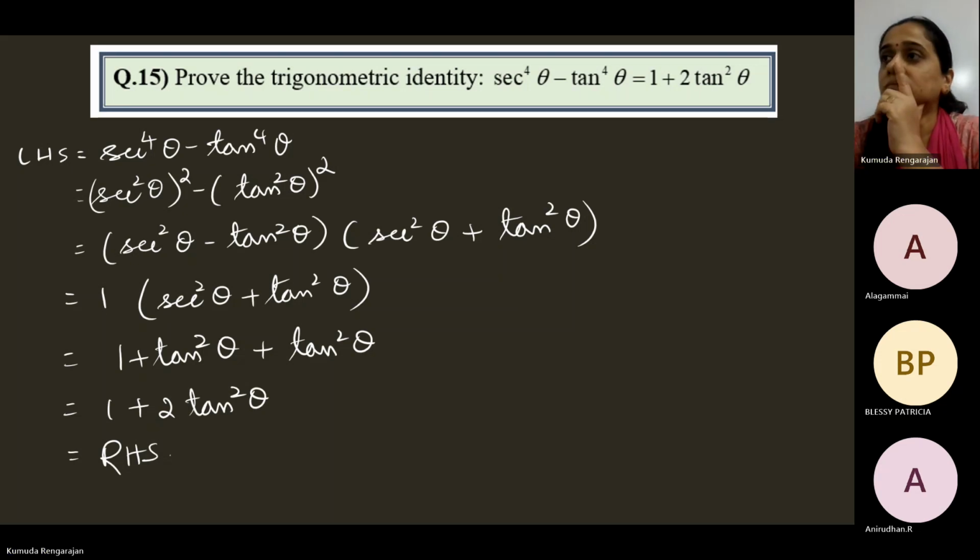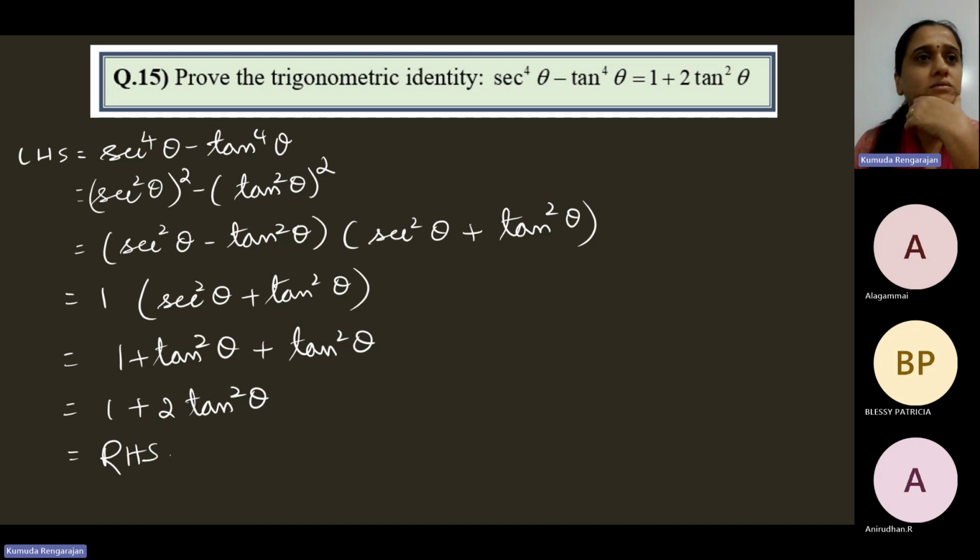Finished? You got it? Not able to find the square root.